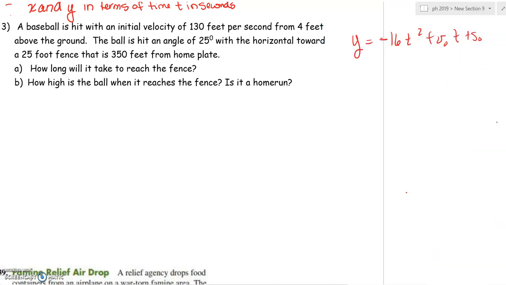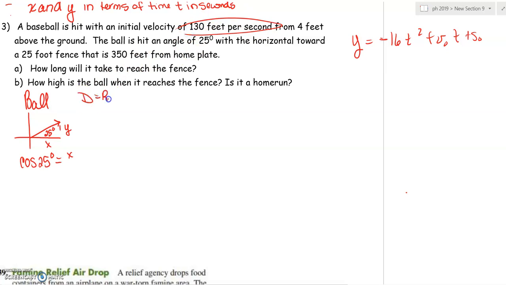So first of all, we have a ball, and it comes off the bat at a 25-degree angle with the horizontal, and we're going to describe the X and the Y. So the cosine of 25 is X over, and notice that it's 130 feet per second, but distance is rate times time.